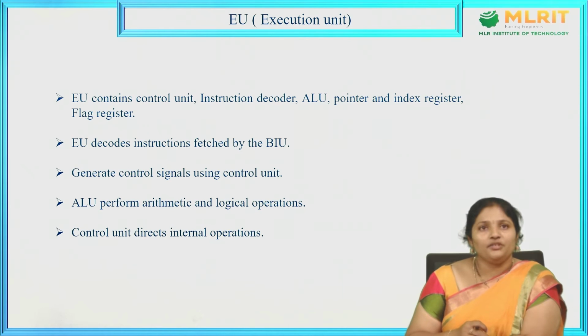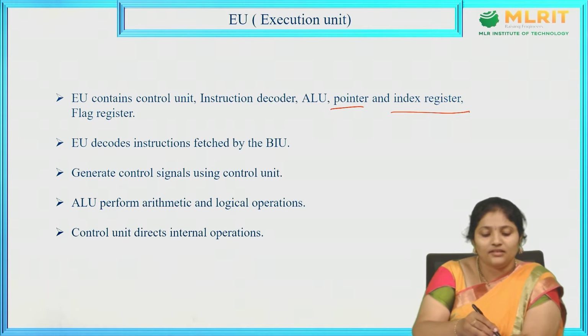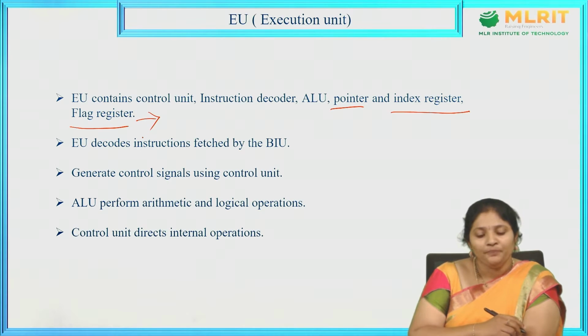So coming to the execution unit, here EU contains control unit, instruction decoder, ALU, pointers, index registers and flag registers. The flag register shows the status of the output or status of the system, and there are also flag control registers, system control flags.